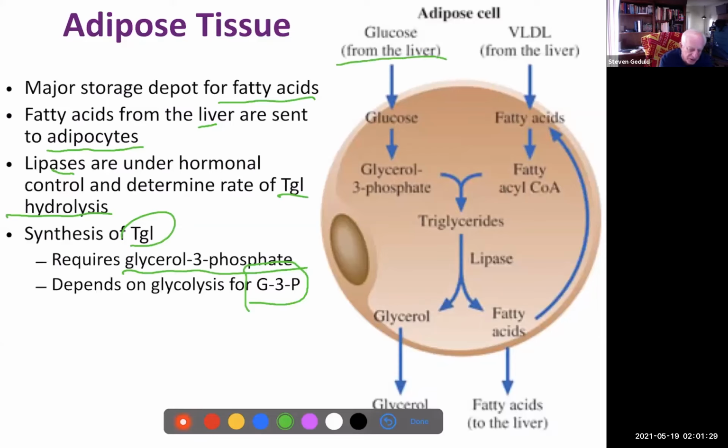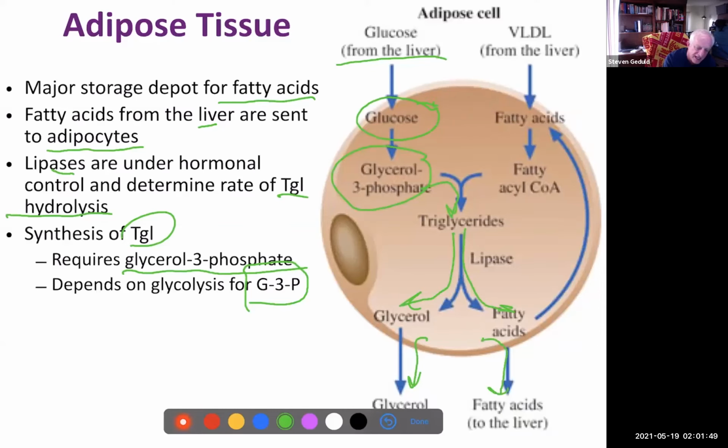Glucose is produced by the liver into the blood, goes into the adipocyte, converts to glycerol 3-phosphate, converts into triglyceride. Triglyceride then goes to either glycerol and produces glycerol back in the bloodstream, or goes to fatty acids and takes fatty acids back to the liver.